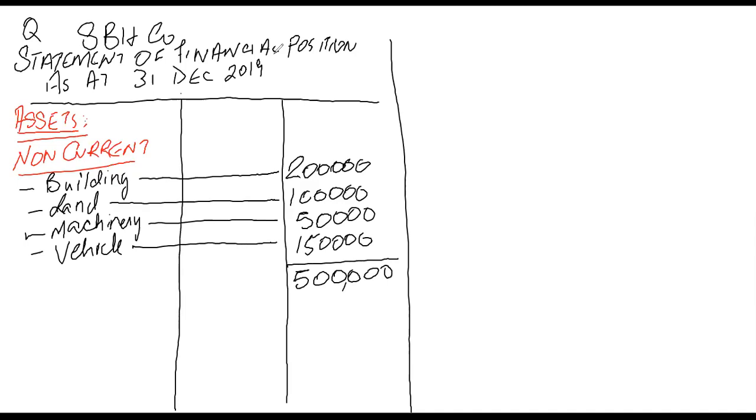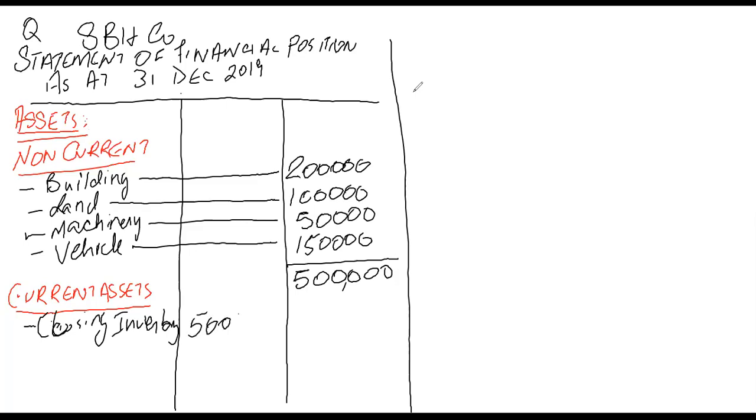Now let us see what current assets we have. What are the current assets of this company? While reviewing the current assets of this company, the company has stated that we have got some closing inventory, which is 50,000.